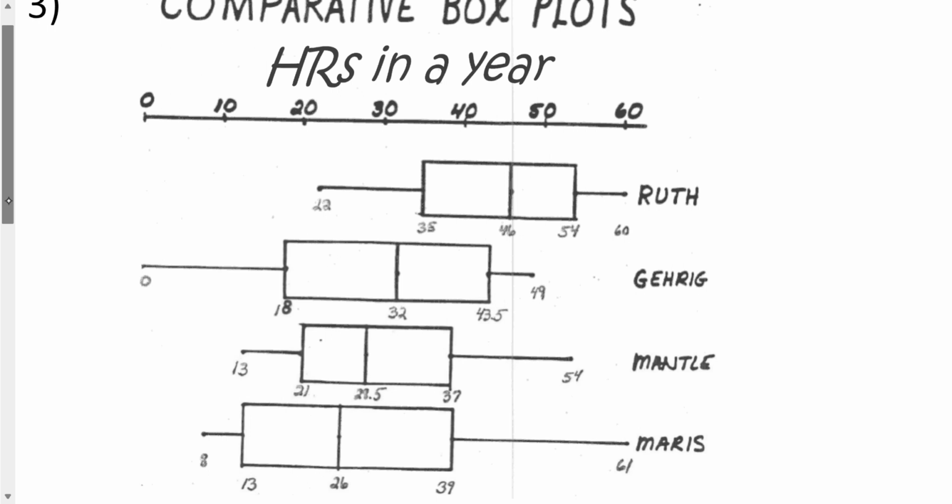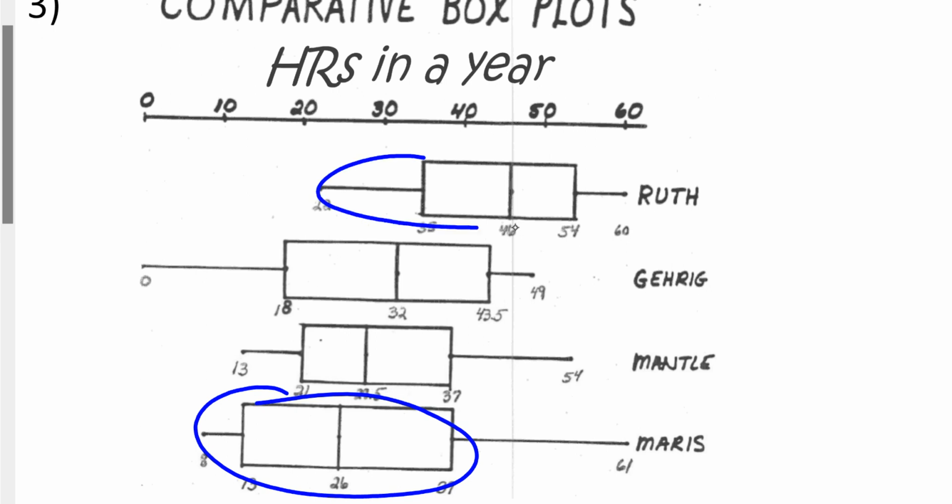Big spread, and a lot of the data is down here. Whereas Babe Ruth was one behind him, but it looks like all of his years were higher than almost half of Maris's. So you can do a lot of comparing, and for Roger Maris, I'd say that was just skewed to the right.